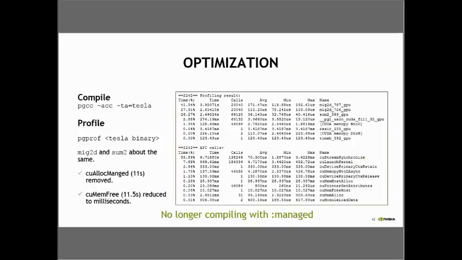So looking at the malloc managed, that's completely gone now because we're not using managed memory. So that's what you would expect in the profiler, that it's not even present here. And then the other memory operations have reduced from quite a significant amount of time down to milliseconds of time. So this is a validation that we're on the right track.